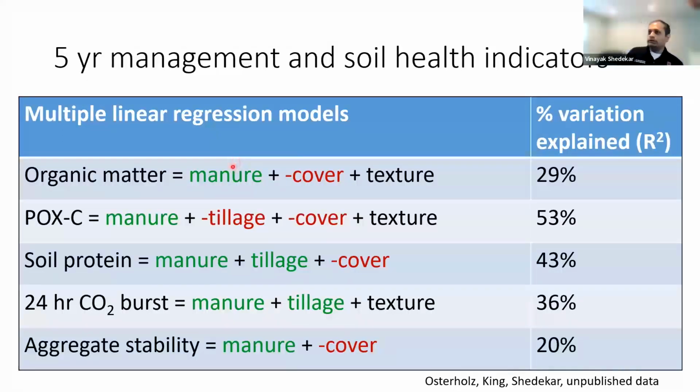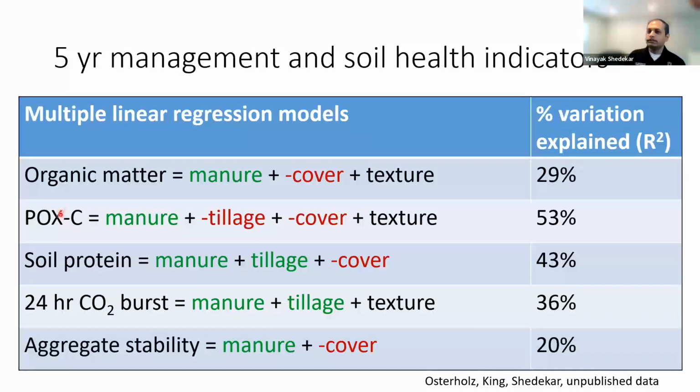You can see when you run a regression model here, organic matter as a function of manure, cover, and texture, this model is able to explain about 29% of the variability.